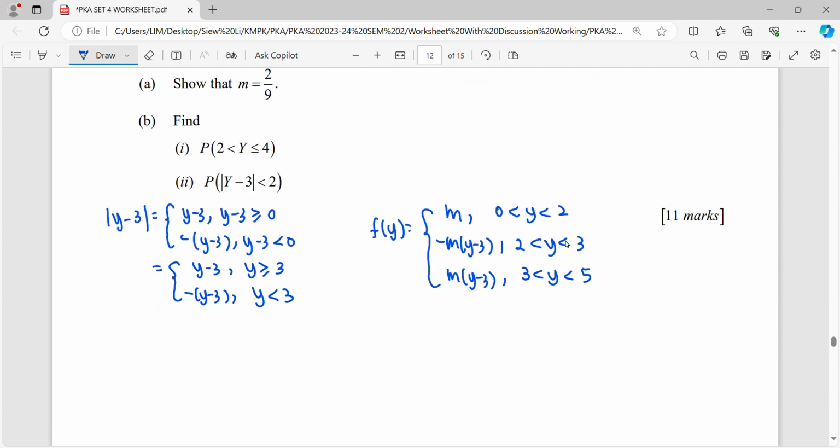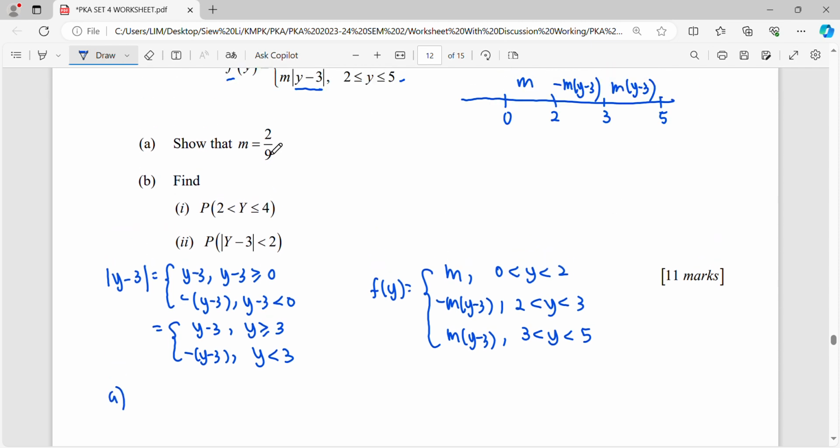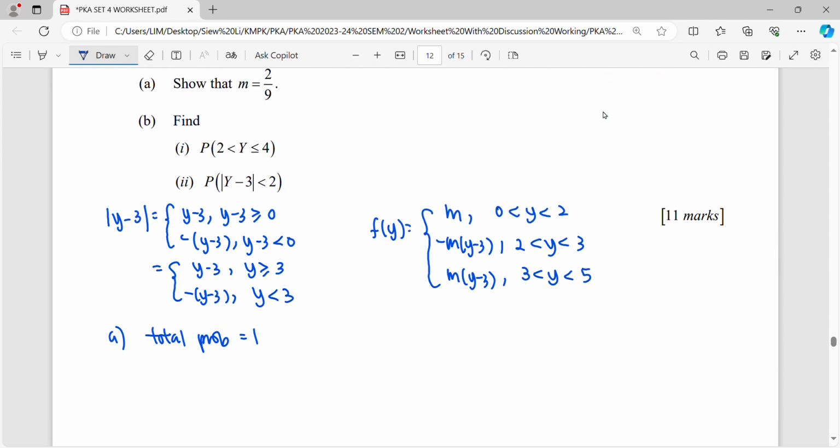Alright, so for question A, we want to identify the missing value m, here it is 2 over 9. Small f represents probability. In a continuous random variable, total probability is supposed to equal 1. In continuous, probability is represented by the area under the graph, which equals 1.